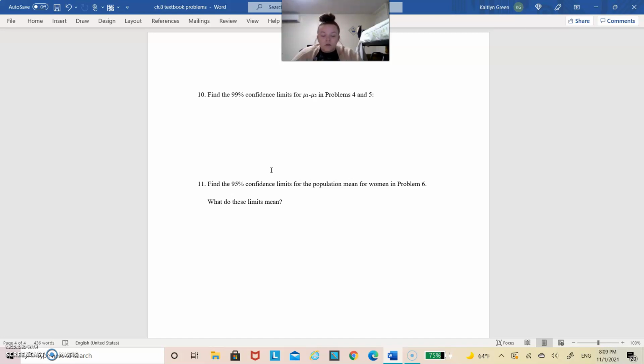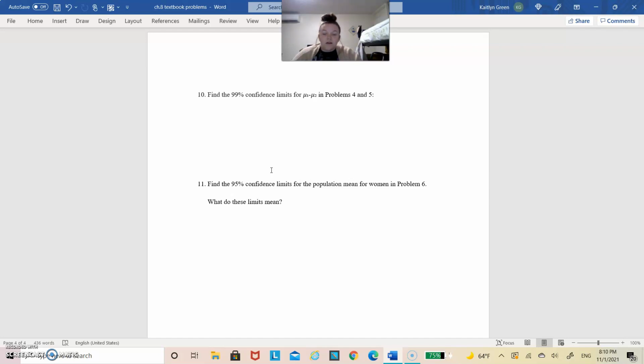Now we do something similar in question 11, as in we're looking for the 95% confidence limits for the population mean of the women in problem 6. To find the confidence limits, we take the mean plus or minus the standard error times the critical score.